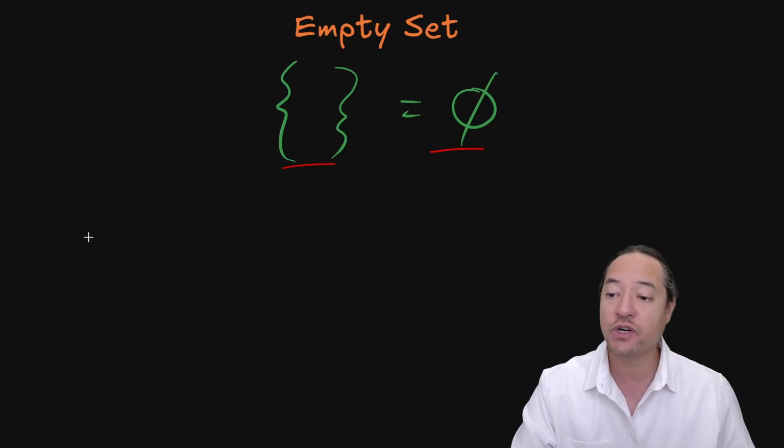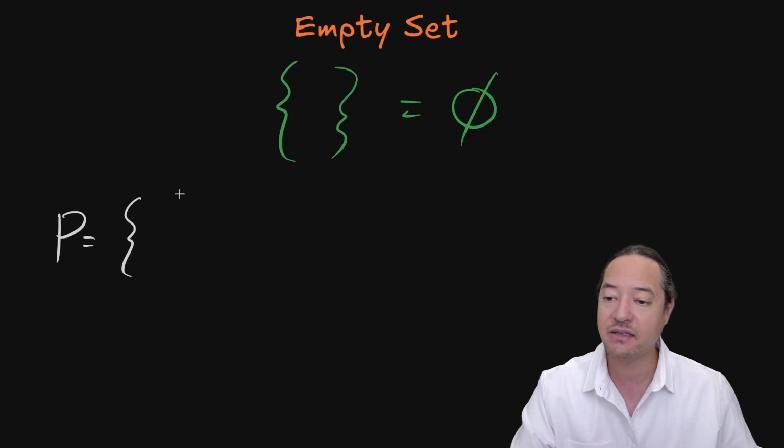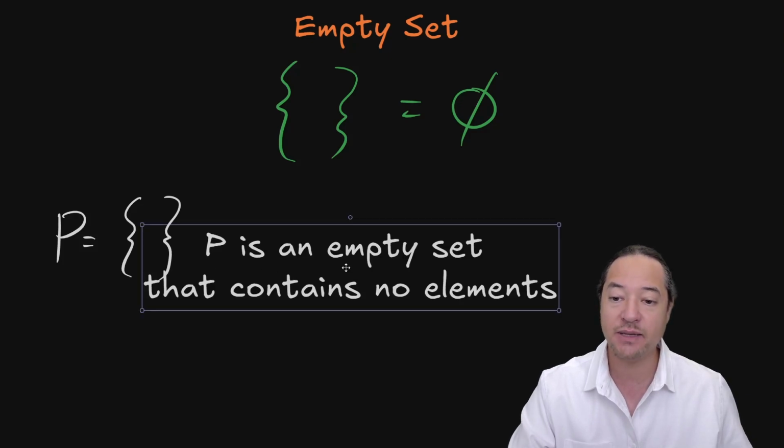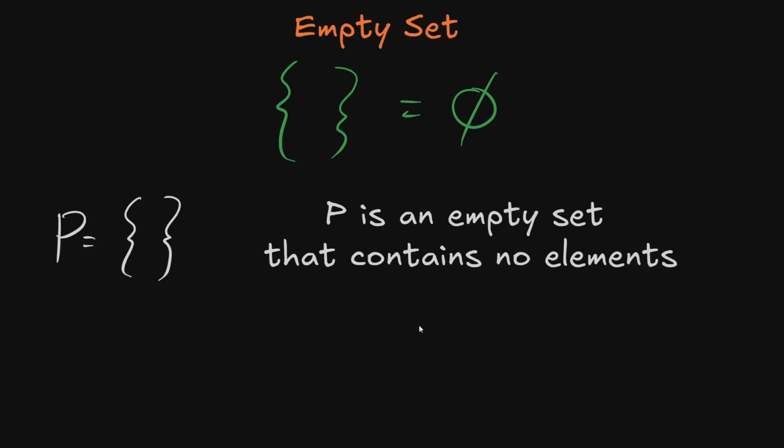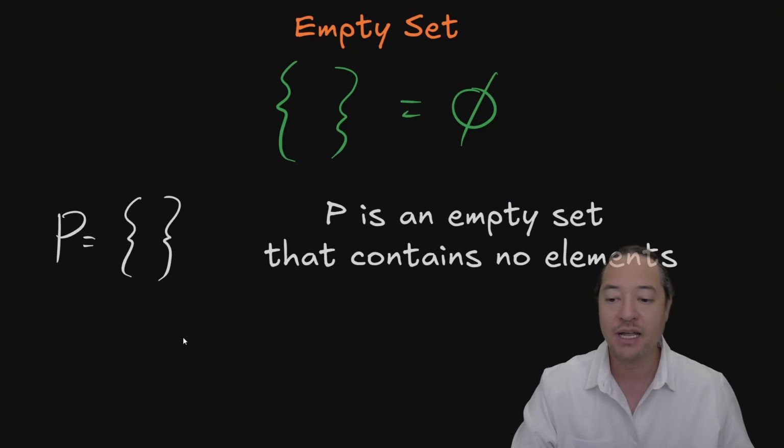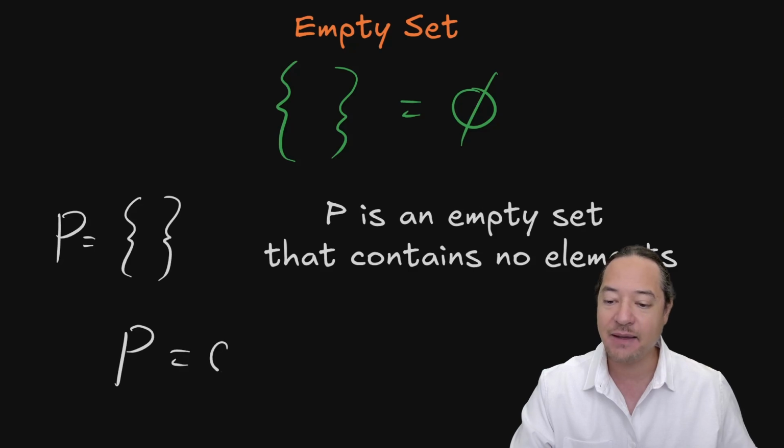Okay, so for example, let's say I had the set P, and I'm going to define this set P as an empty set. Okay, so what does this mean? Well, it means that P is literally an empty set that contains no elements. Now, why is this important? Because this P is the empty set.